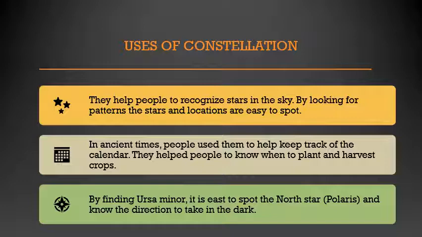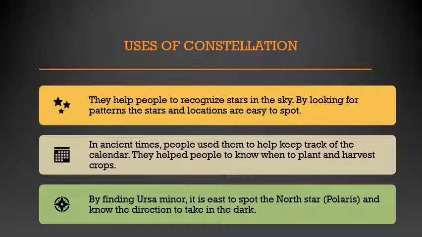This is helpful for sailors or people who are on the oceans. If they don't know the directions, just by looking at the stars in the dark sky, they will know in which direction they were coming from and to which direction they have to go.